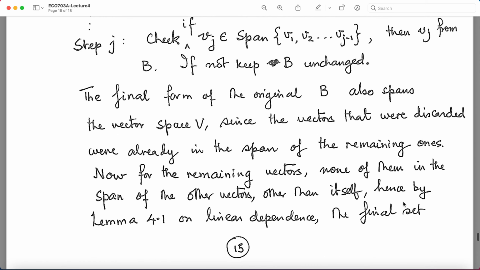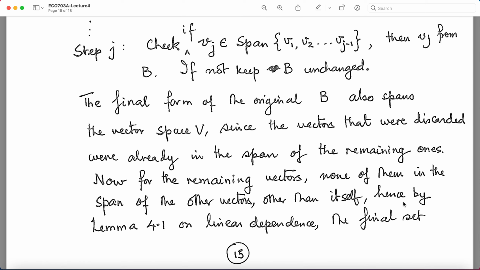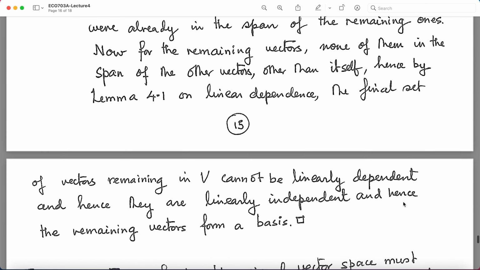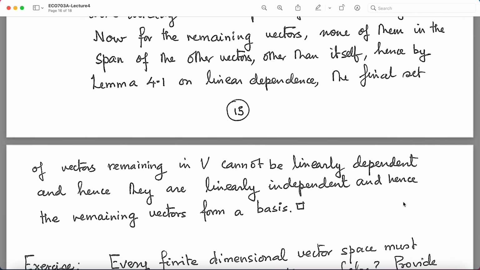Now, for the remaining vectors, none of them is in the span of the other vectors, which is obvious, and hence by the linear dependence lemma, the final set of vectors remaining in V cannot be linearly dependent.